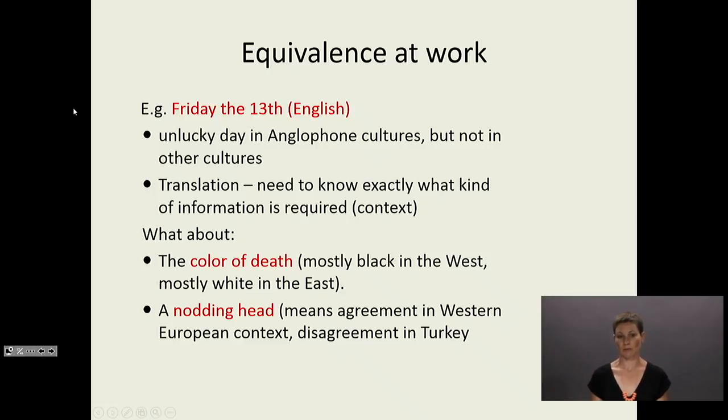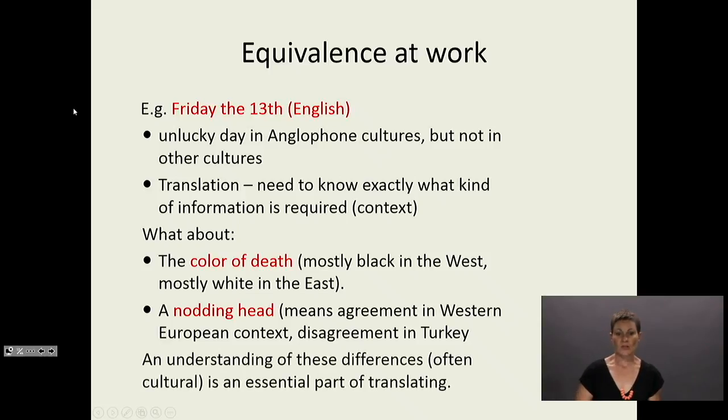We also have the example of the head wobble in Indian culture, for example, which expresses agreement, which is different to the way in which we, as Westerners, would express agreement. So understanding these differences, and a lot of these differences are in fact cultural, is of course an essential part of translating. And this is why you often hear that translators need to be not only bilingual, but bicultural as well in their practice.